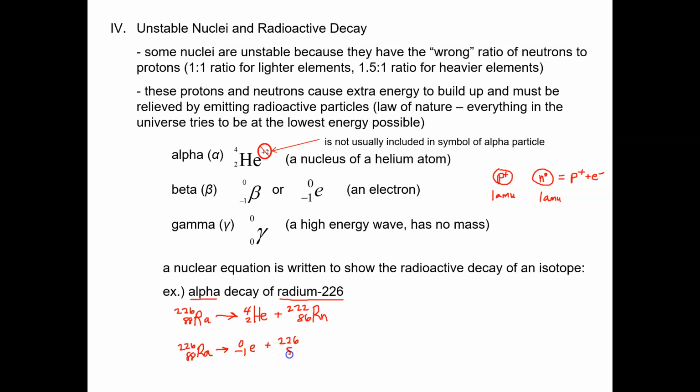Well, wouldn't that be 89, right? 89 plus -1 gives you 88. What's number 89 on the periodic table? That would be actinium. AC. Okay? So this is what we mean by writing out a nuclear equation. We can show, as long as somebody tells us what the decay is, we can show what's happening in an equation like this. Okay?